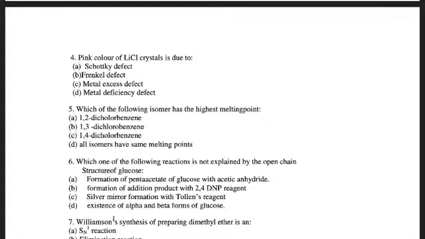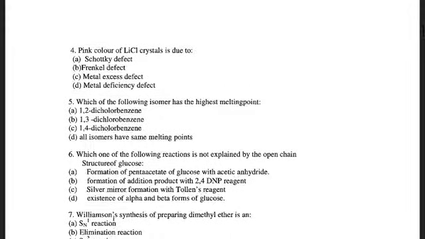Question number 7. The Williamson synthesis of preparing dimethyl ether is an option A. SN1 reaction, B. Elimination reaction, C. SN2 reaction, D. Nucleophilic addition reaction. Correct. The answer is option C. SN2 reaction.